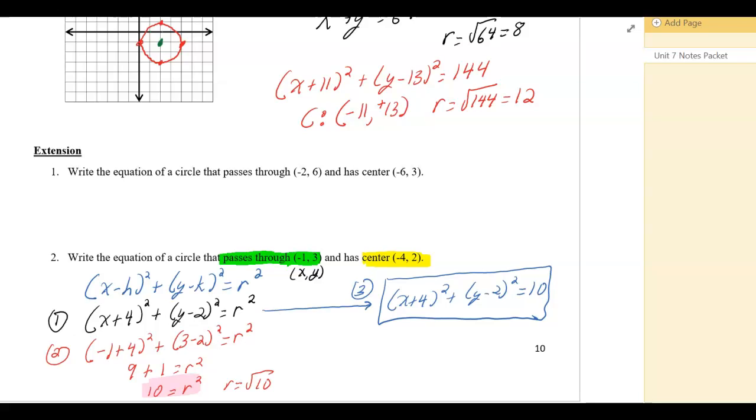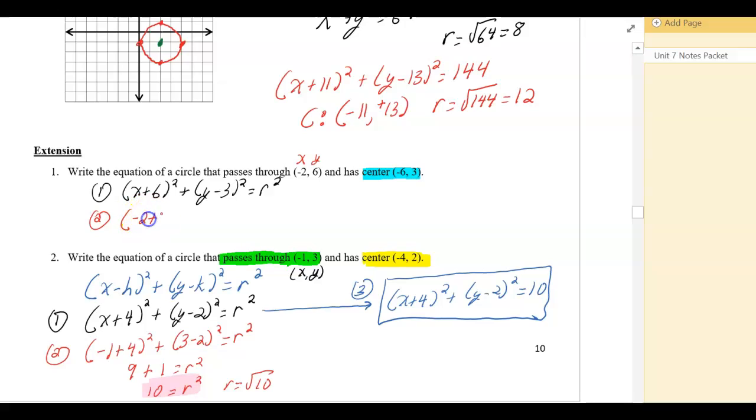Right, so now that we've gone through problem number 2, I'm going to highlight the center. So step number 1, I'm going to write x plus 6 squared plus y minus 3 squared is equal to r squared. Step 2, I'm going to plug in the point negative 2, 6 for my x and y.